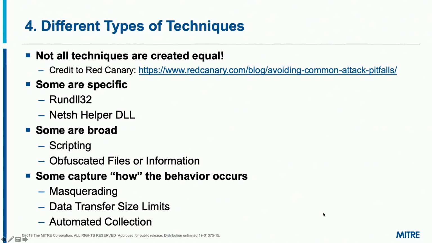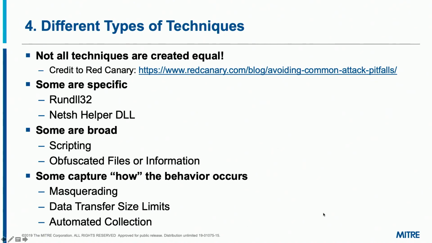So there are also different types of techniques within ATT&CK, and not all techniques are created equal. Red Canary has created a nice blog post about this, as well as a talk at 2018's ATT&CKcon talking about these different types of techniques. So some are very specific. We have things like Rundll32, which are talking about a very specific mechanism.